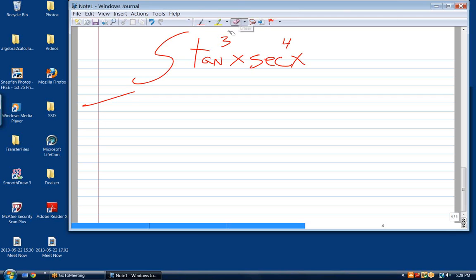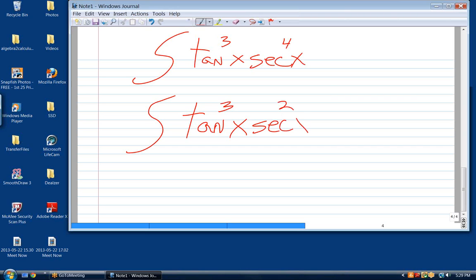In other words, sometimes you're going to have to turn it all into tan, and the derivative of tan is secant squared. So if I'm going to do the problem that way, then I want to pull out a secant squared. In other words, I've got this, and I'm going to pull out a secant squared to have handy, that will be the derivative of this after I turn it all into tangent.